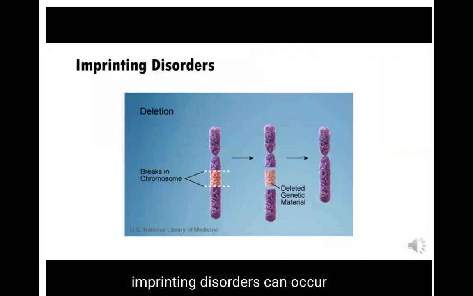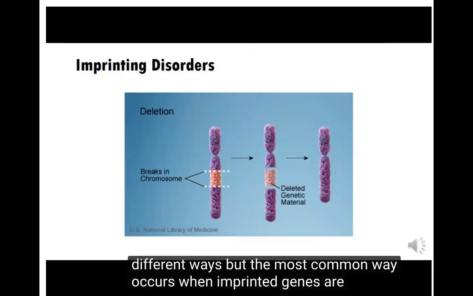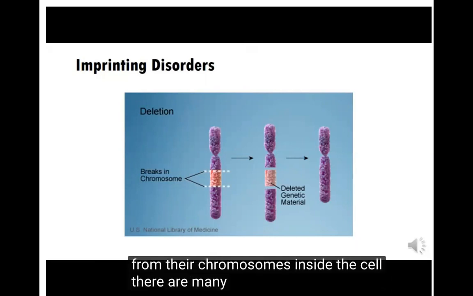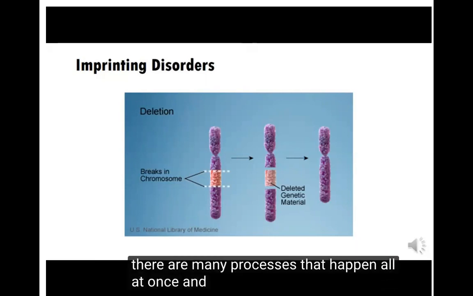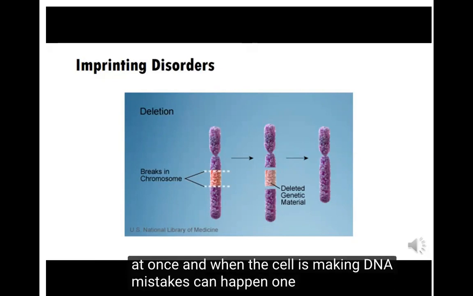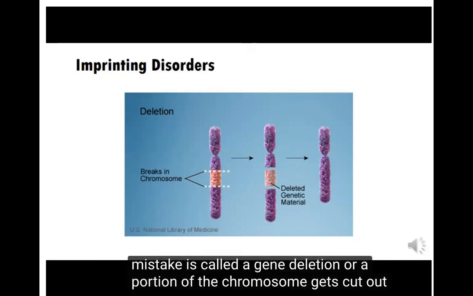Imprinting disorders can occur in many different ways, but the most common way occurs when imprinted genes are deleted from their chromosome. Inside the cell, there are many processes that happen all at once. When the cell is making DNA, mistakes can happen. One type of DNA mistake is called a gene deletion, where a portion of the chromosome gets cut out.